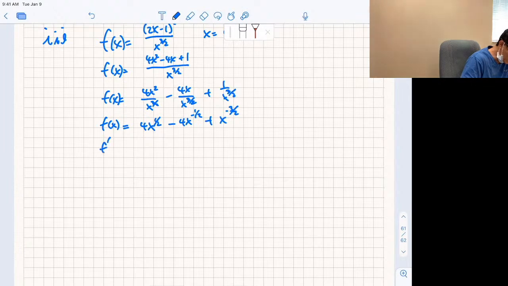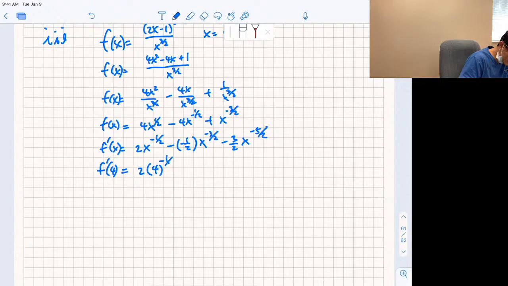The only calculus step I'm going to take is right here, the power rule. 4 times 1/2 is equal to 2, x to the negative 1/2, minus, or negative times negative is going to be positive, x to the negative 3 over 2, minus 3 over 2 x to the negative 5 over 2. So you have to be able to work through this kind of difficult stuff. Now I'm going to plug in 4. So 2 times 4 to the negative half, plus 1/2 times 4 to the negative 3 over 2.